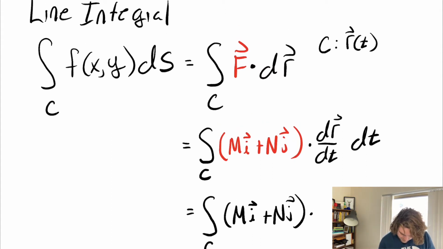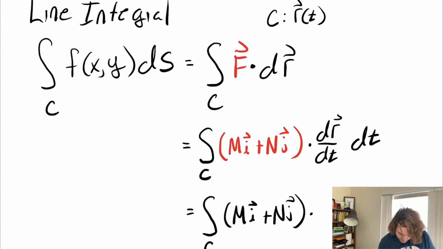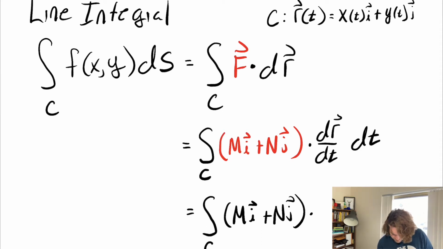If we come back up here, we can think about r of t as being some x of t in the i direction plus some y of t in the j direction. So the derivative of r of t would look something like an x prime of t in the i direction plus some y prime of t in the j direction.